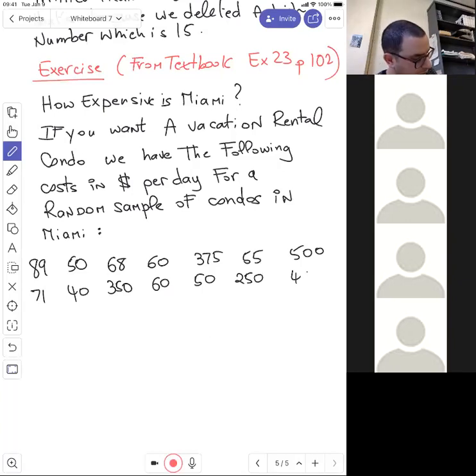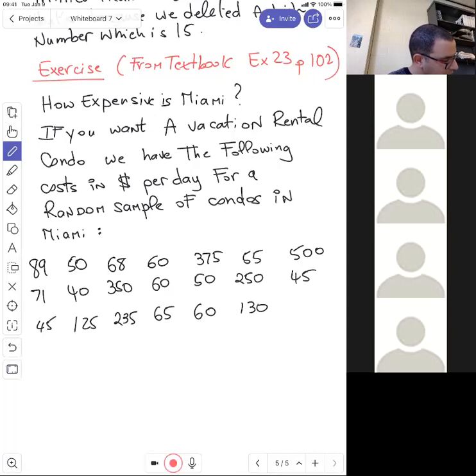We have 2 condos at $45 per day, 125, 235. There's a condo at $65 per day, it's 60, and then 130. Right, I think we have 20 numbers here, right?